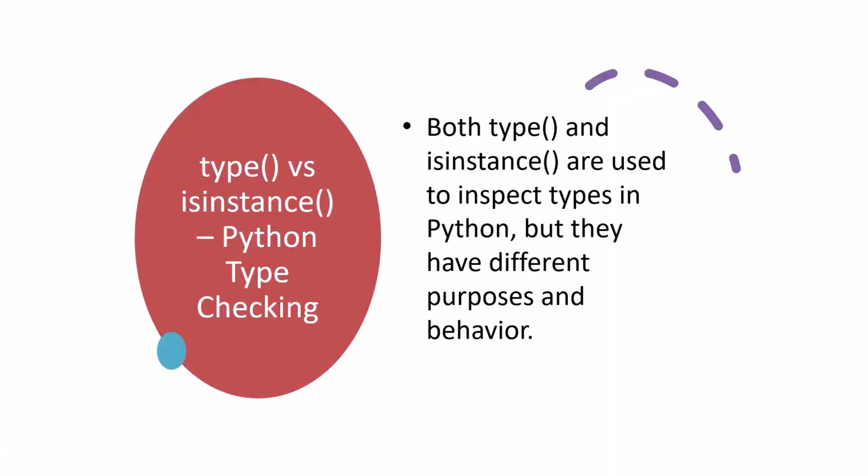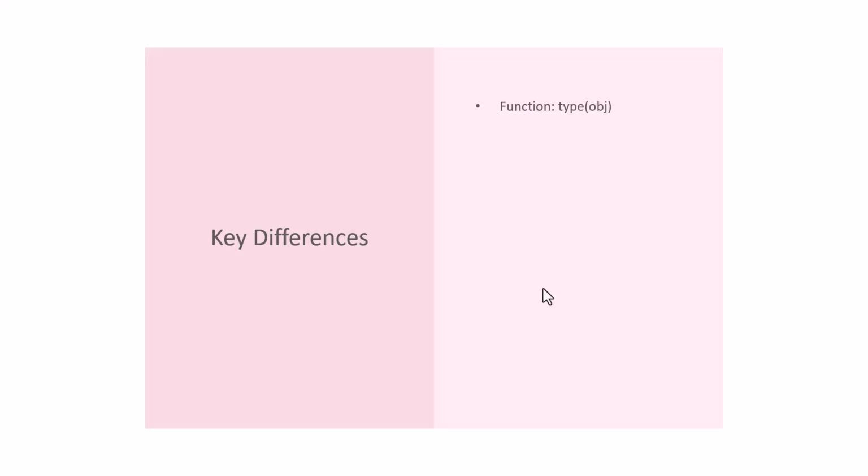Right. Now there is another function, not method. Besides type, which we have seen to check the type of a variable in Python, isinstance is also used, and both are used to inspect types in Python, but they have different purposes and behavior. Now the key differences: the type function returns the exact type of the object.